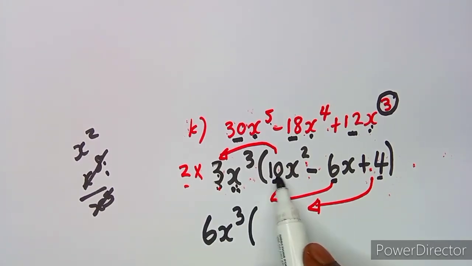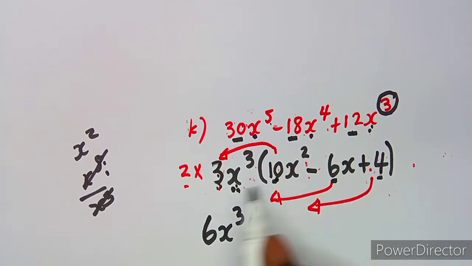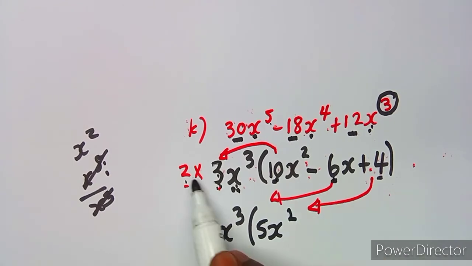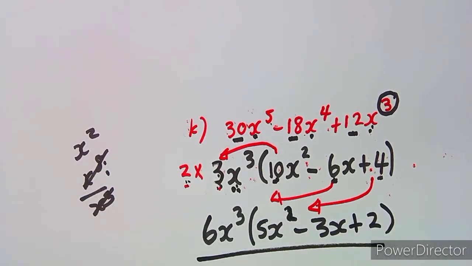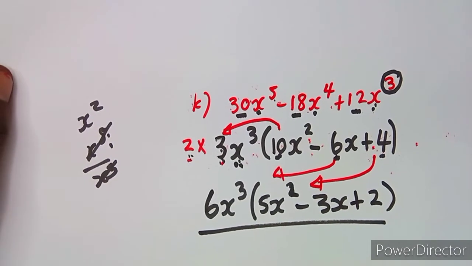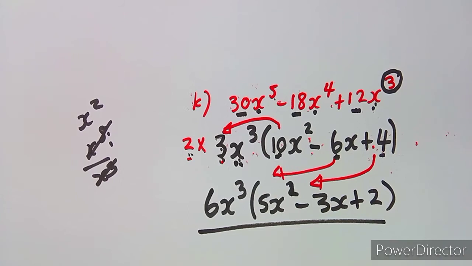Since we have taken out 2 here, 10 divided by 2 is 5x squared. 6 divided by 2 is minus 3x. 4 divided by 2 is 2, like this. So this is what you're going to be left with at the end. So it's always wise, guys, to cross-check properly your highest common factor.